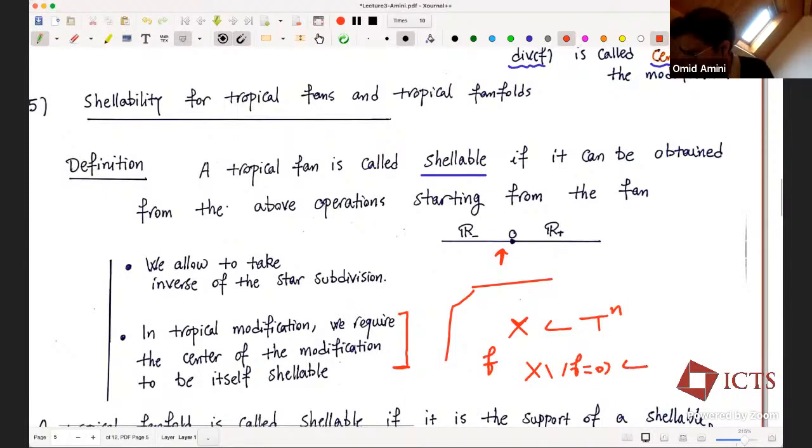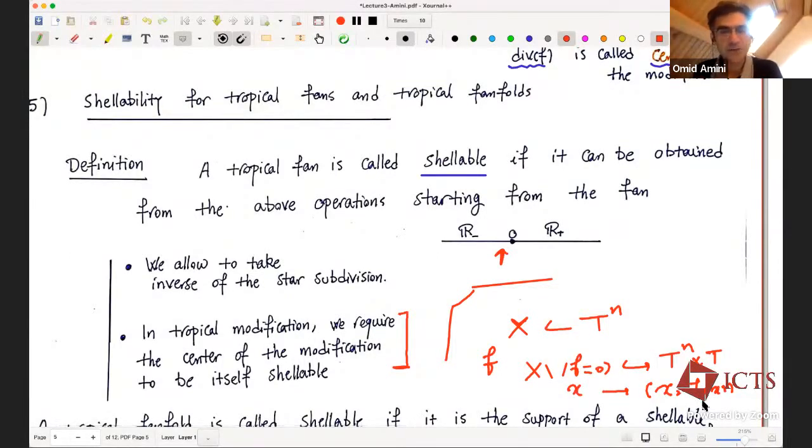and then you view this inside T^n times T by taking the graph of f. You send x to (x, f(x)). So this is exactly the algebraic analog of tropical modification. It changes X, but it adds a new coordinate.